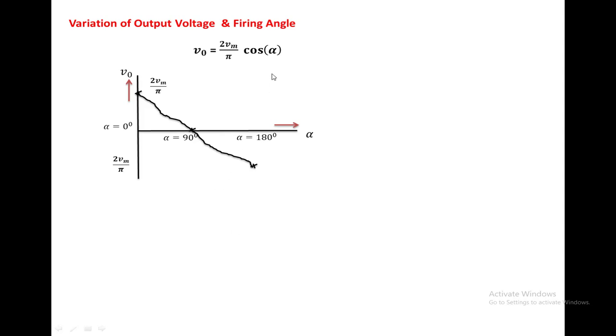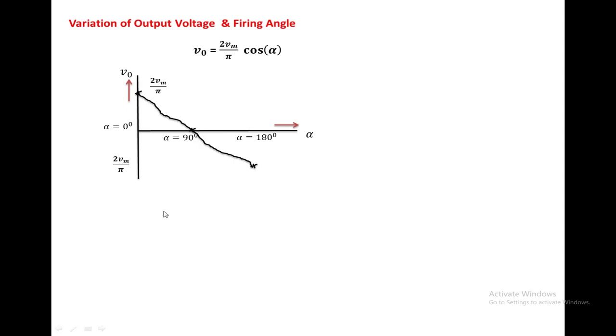As the firing angle changes from 0 to 180 degrees, the average output voltage changes from positive to negative. For a firing angle less than 90 degrees, the average output voltage is positive. For more than 90 degrees, it is negative. But the load current is always positive.